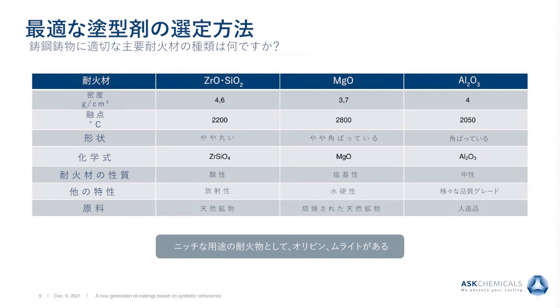The interesting point is also that it's a synthetic refractory, and there are a lot of various grades available nowadays. There's also the possibility to use olivine or mullite as refractory, but only for niche applications because it's not so widely applicable.